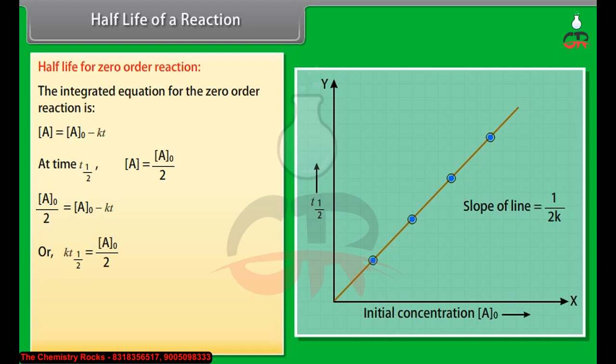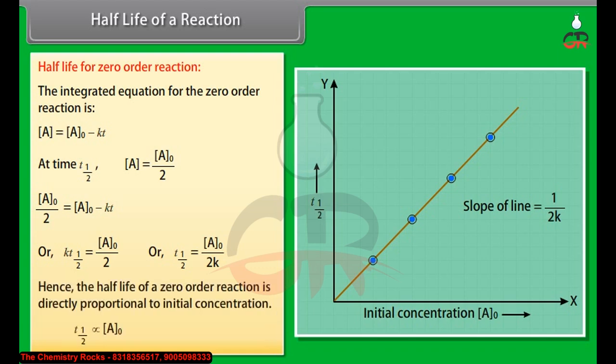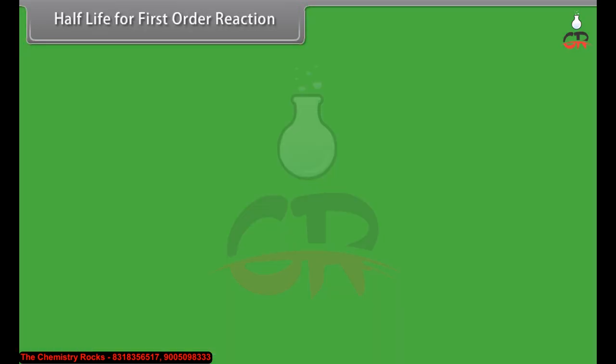It can be written as T half is equal to A naught divided by 2K. Hence, the half-life of a zero-order reaction is directly proportional to the initial concentration.